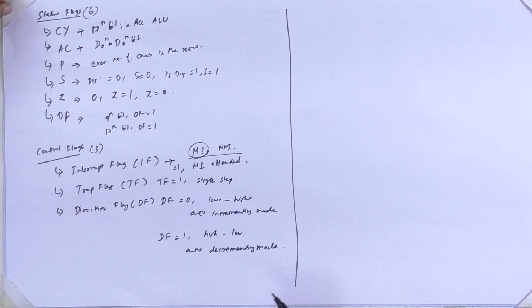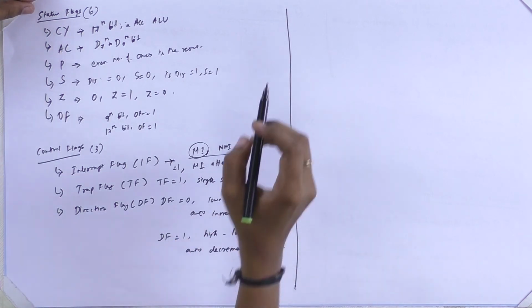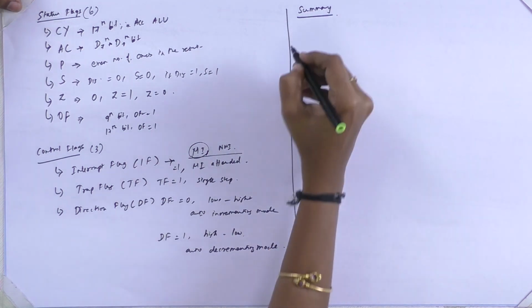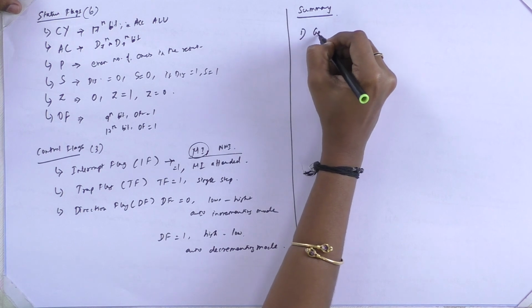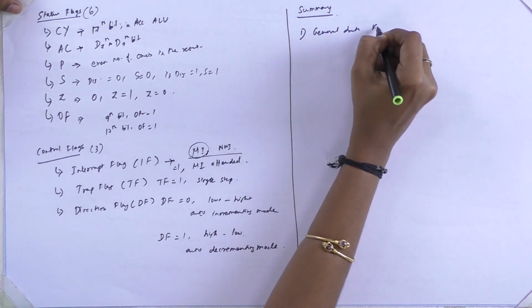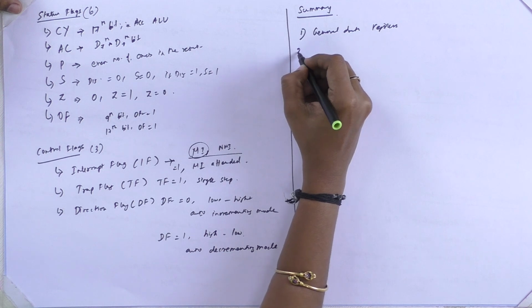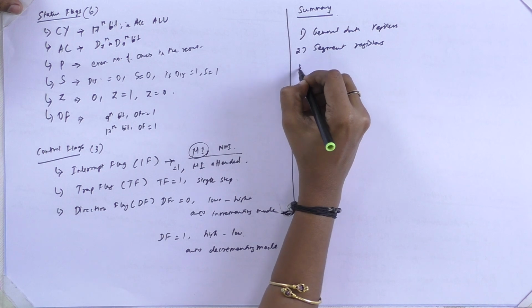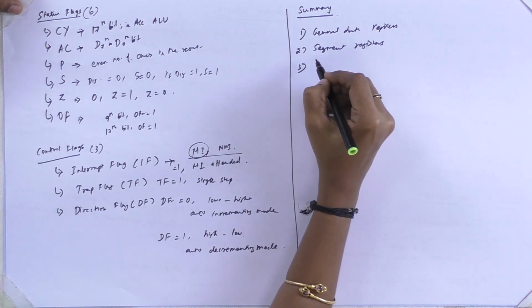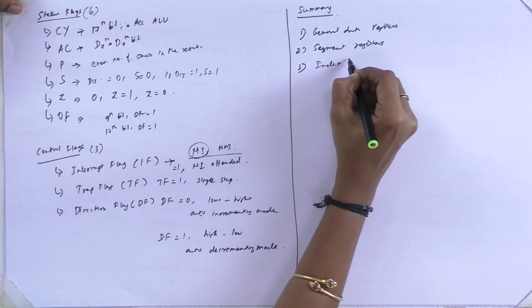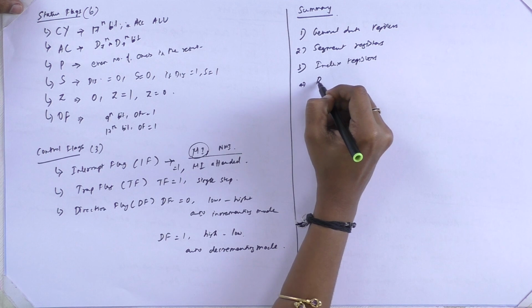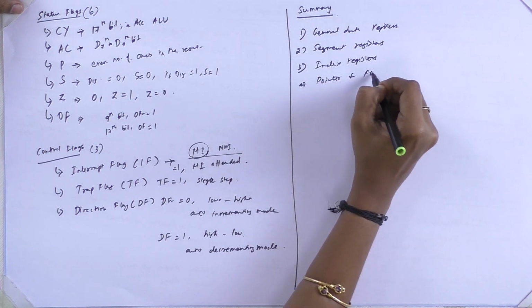The four types of registers in the 8086 microprocessor are general data registers, segment registers, index registers, pointer and flag registers.